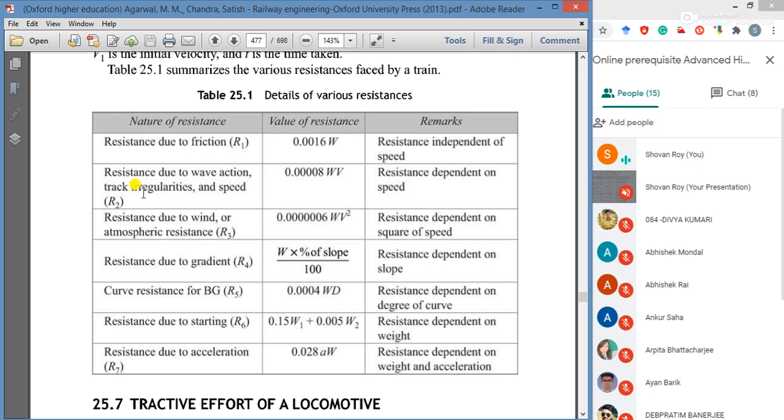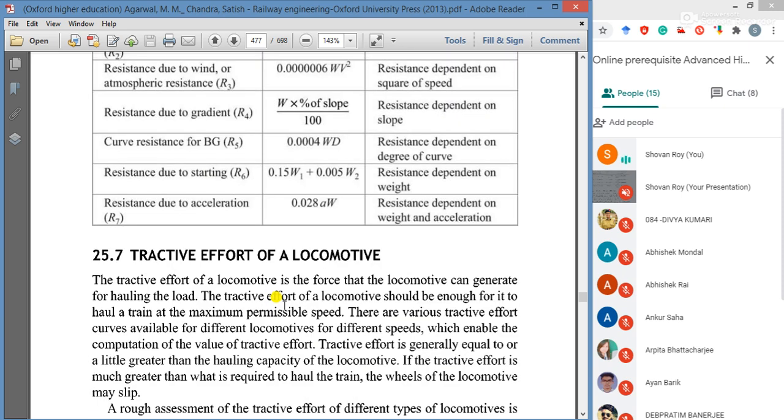Then only R1, R2, R3 are important, and from these we can calculate the speed of the vehicle, the train or locomotive, in general conditions. But when gradient, curve, starting, acceleration and such incidents are included in our problem, then we should consider R4, R5, R6, R7. We can see this in the numerical.